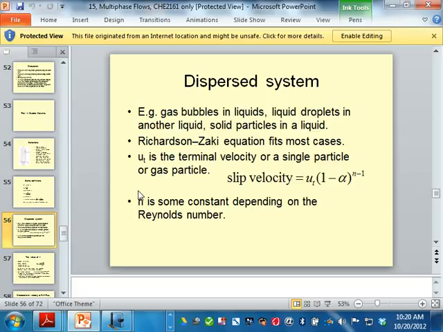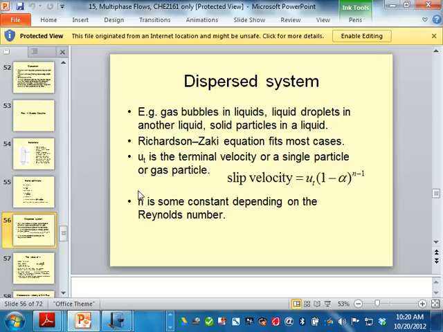Void fraction goes to 0, 1 minus 0 is 1, and 1 to the power of anything is 1. So as your void fraction increases, this factor will be less than 1, and less than 1 to the power of something will be even smaller, so it will reduce the terminal velocity. It's like a traffic jam. One bubble will rise faster, but once there are multiple bubbles rising, it will slow down.